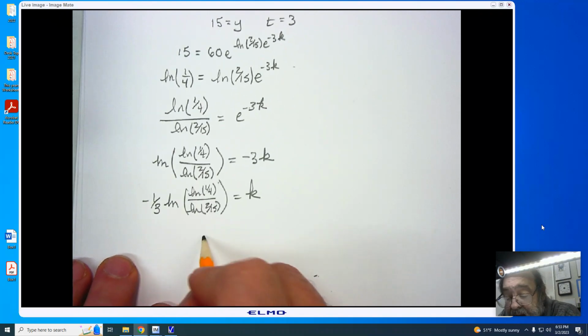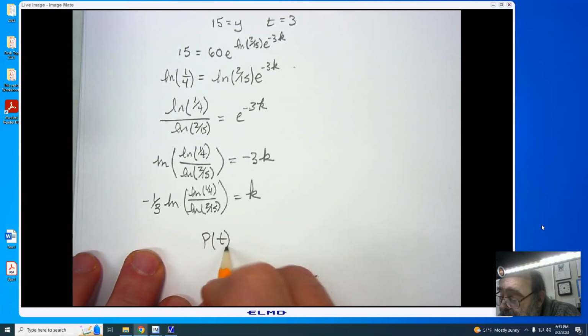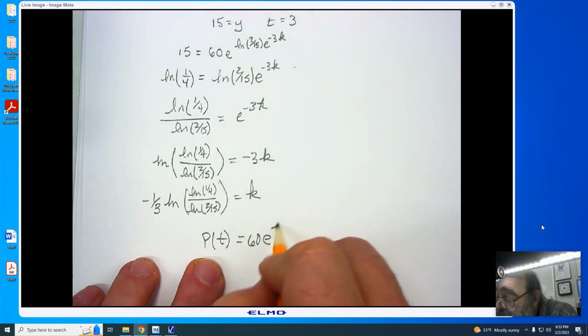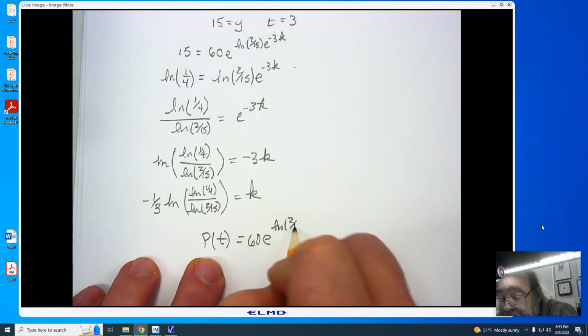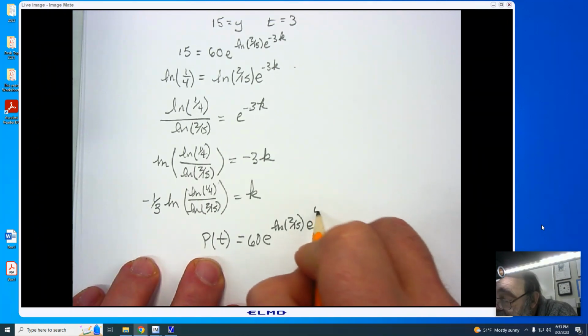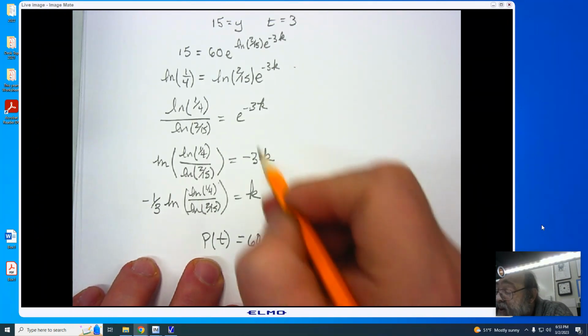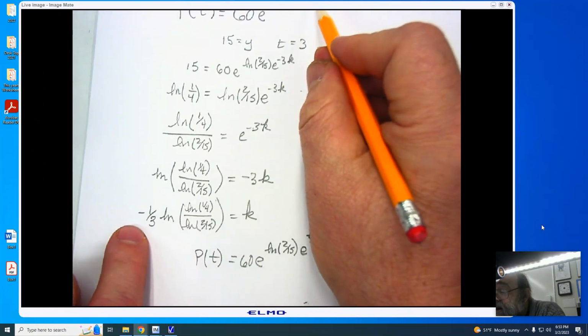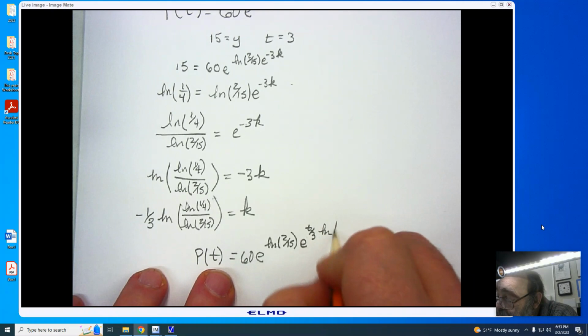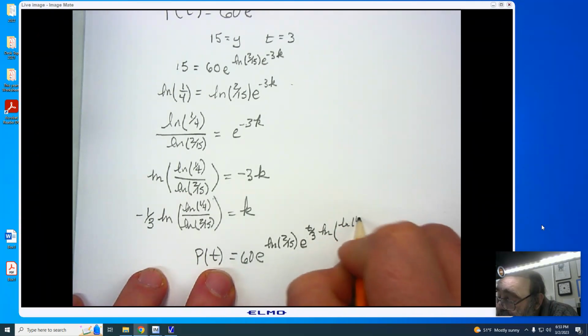This is going to give me population in terms of time is 60 e to the natural log of 2/15 e to the power of t thirds. Notice the double negative where I had a negative and the negative became a positive. And I have the natural log of 1/4 divided by the natural log of 2/15.